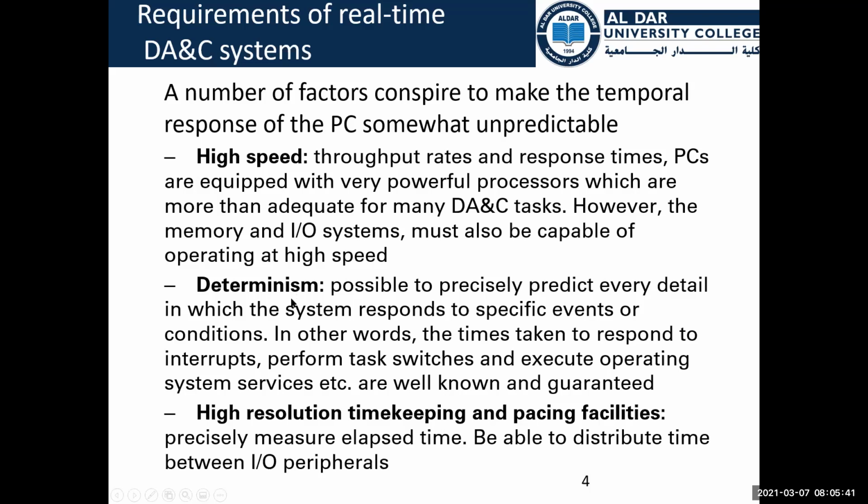Determinism. This means determinism is precisely predicting every detail in which the system responds to a specific event or condition. For example, how much time is taken to deal with an interrupt, how much time is needed for the system to switch between tasks.